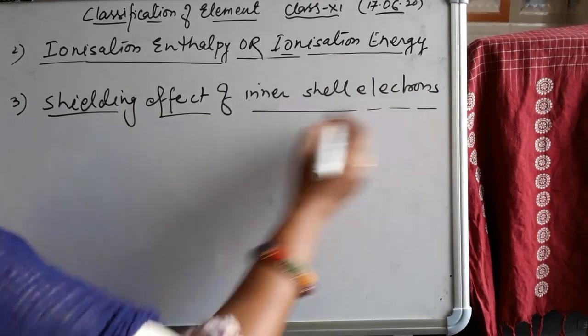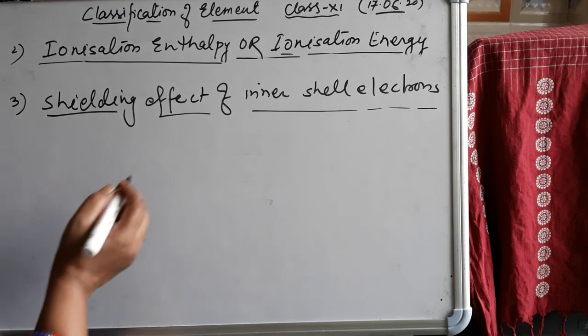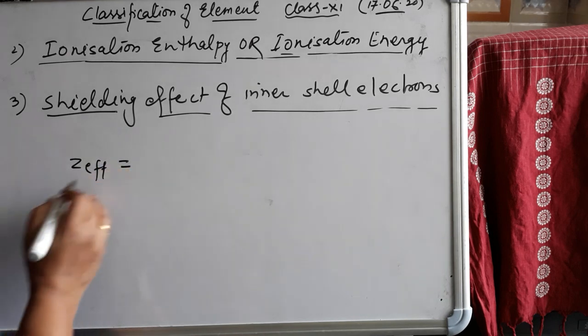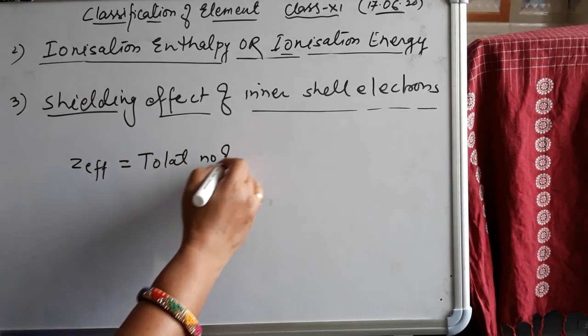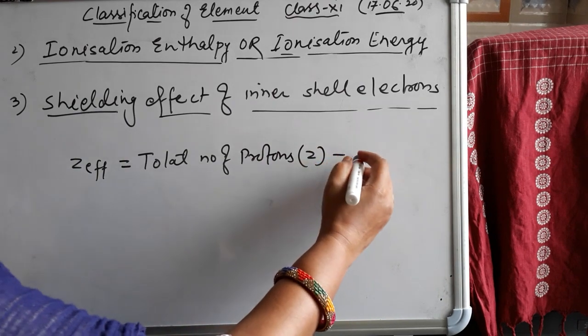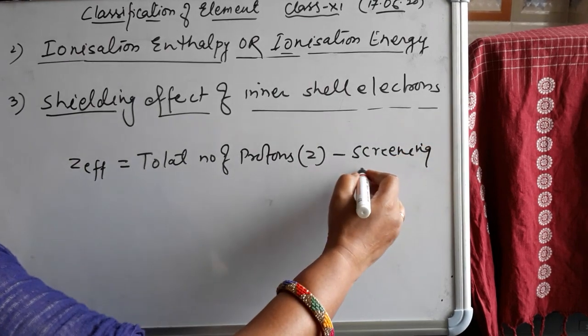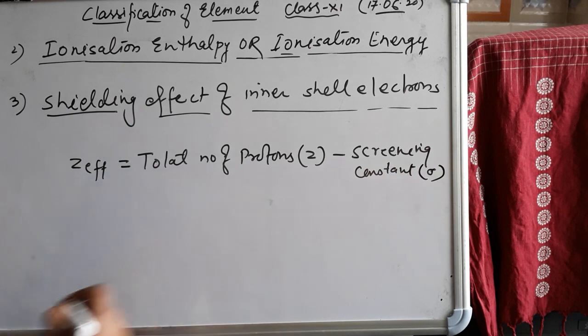So students, in the previous video we discussed the shielding effect, how the shielding effect causes the ionization enthalpy to increase or decrease. We know that effective nuclear charge is equal to total number of protons minus screening constant. The screening constant is symbolized with sigma.